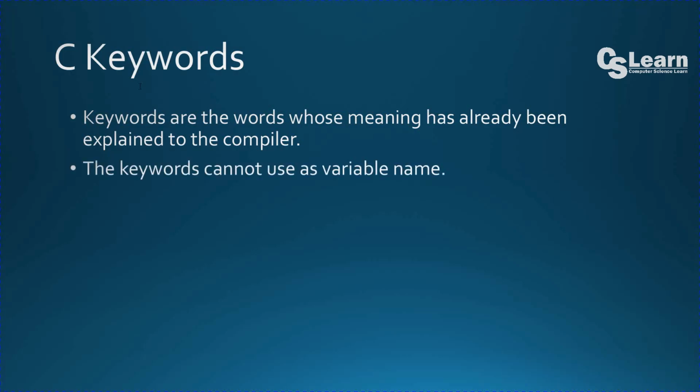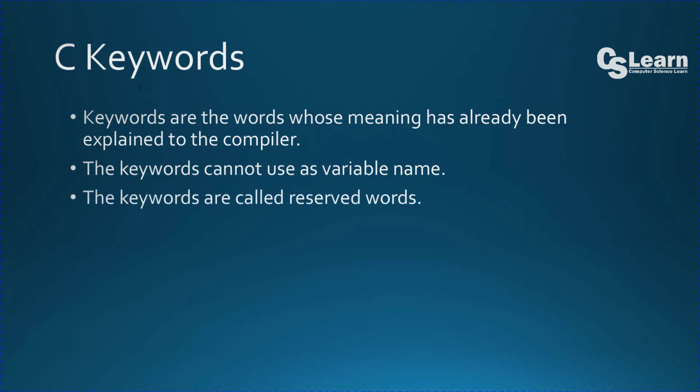So that's the meaning: a keyword cannot be used as a variable name. This is not only for C, it applies to all other programming languages. You cannot define a keyword as a variable name.